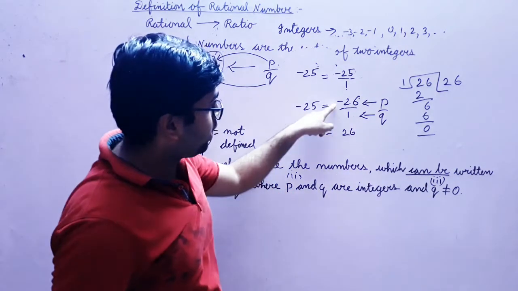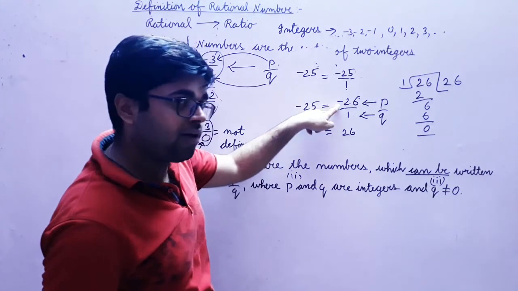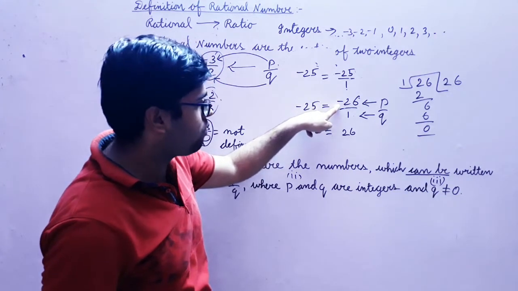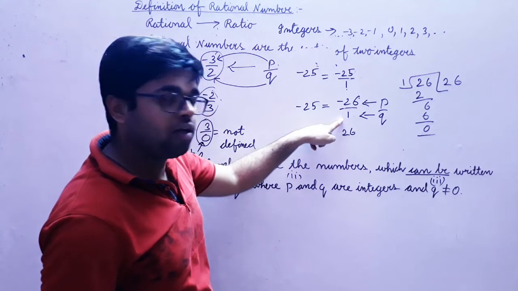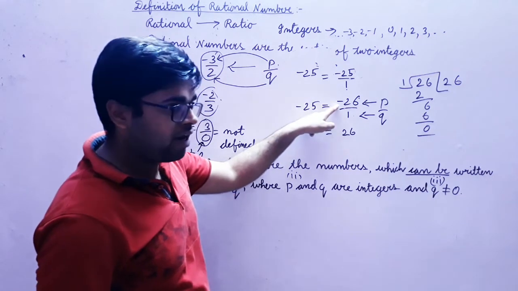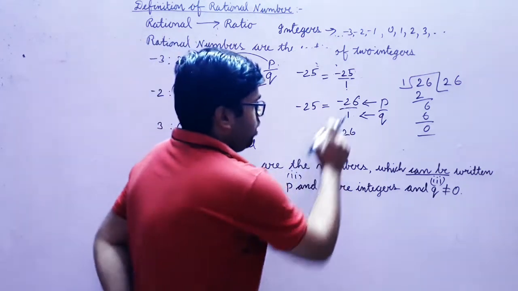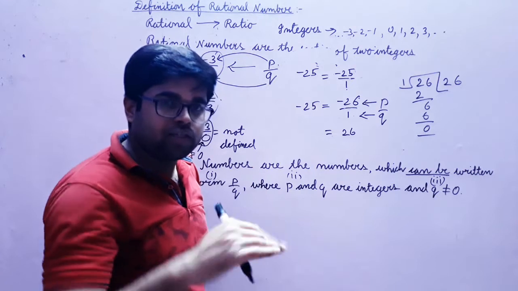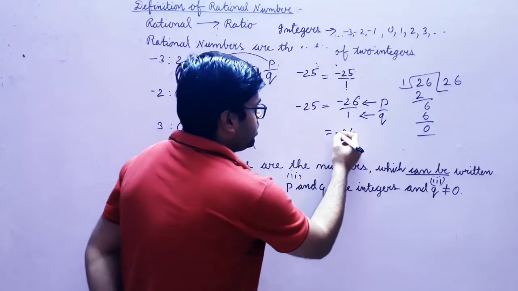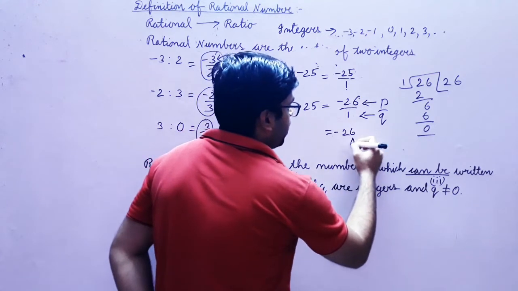Now the signs of the numerator and denominator are opposite. The sign with numerator is minus, that is negative, and there is no sign with the denominator, that means there is a plus sign. So numerator is negative and denominator is positive, so the signs are opposite. When in division of two integers, signs are opposite, the answer you get is known as quotient actually.